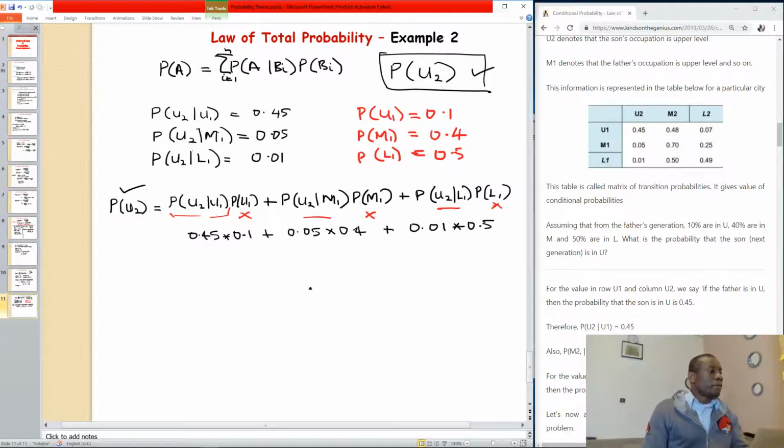So if we multiply out, 0.45 times 0.1 should actually give us 0.045.